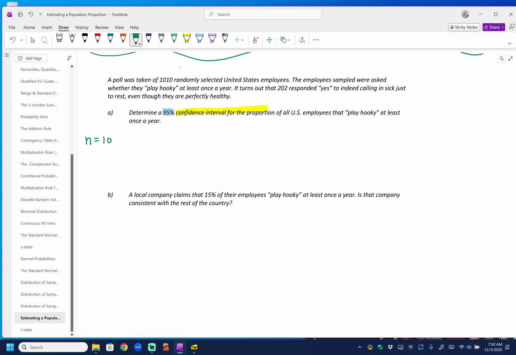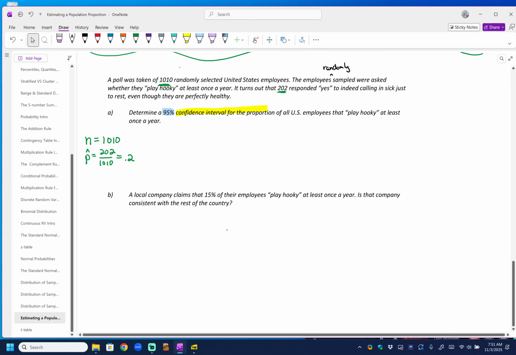But they don't give us p hat explicitly. They give us the value of x for x over n, which is 202. We can easily compute that sample proportion by taking 202 and dividing by that same sample size, getting 0.2. We might want to check out the requirements here to make sure this proportion interval is even valid.